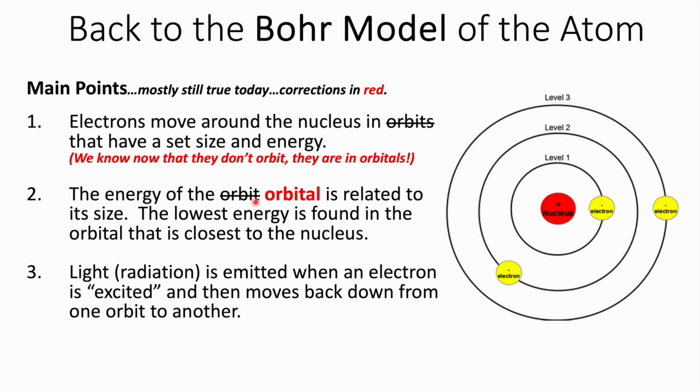The energy of the orbital is related to its size. The lowest energy is found closest to the nucleus. This is true. This is why this model works really well for us. Light, in the form of radiation, is emitted when an electron is excited and then moves back down from one orbit to another.